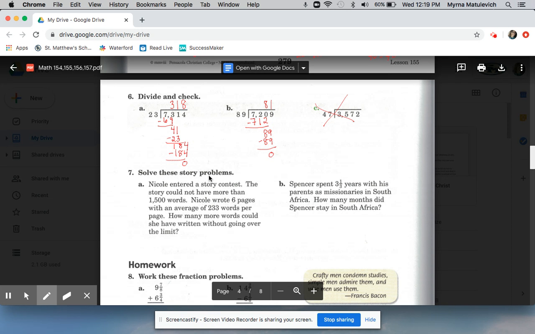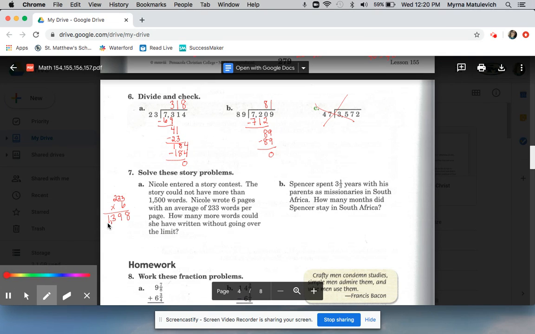Solve these story problems. Nicole entered a story contest. The story could not have more than 1,500 words. Nicole wrote 6 pages with an average of 233 words per page. How many more words could she have written without going over the limit? So I need to multiply 233 words times 6 pages first.